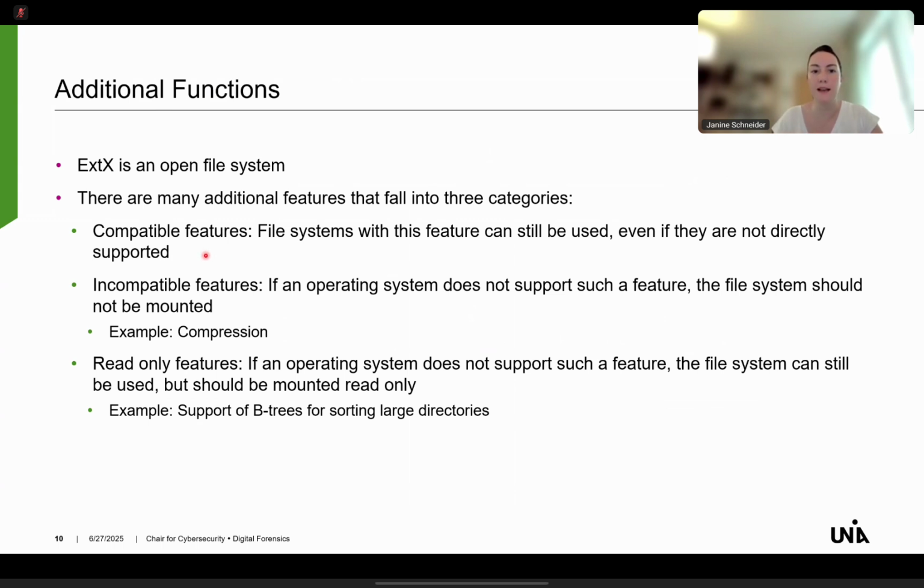So the compatible feature is a feature that can be used to use the file system even though not all features are supported by the operating system. Oh no, that's the incompatible feature. With the incompatible feature, you can still use the file system, even though the operating system does not support all the features.